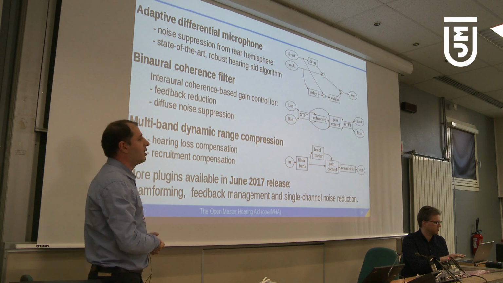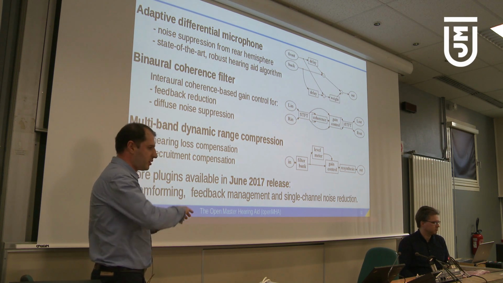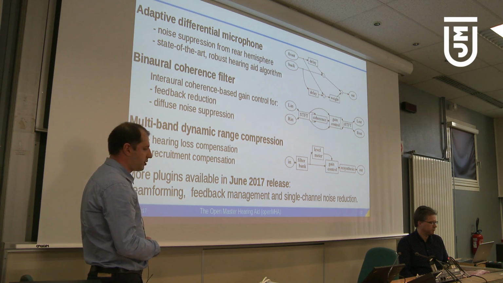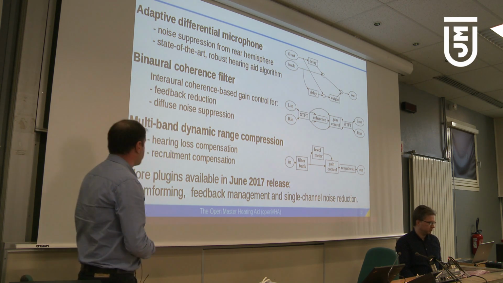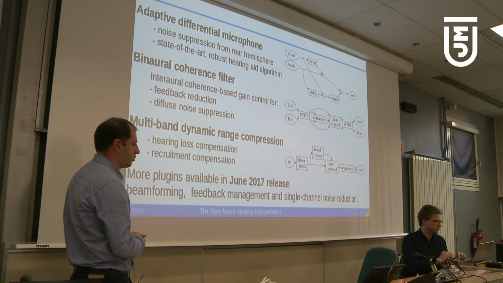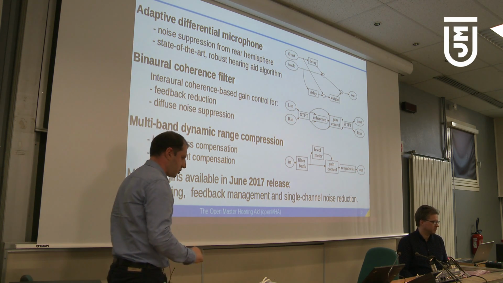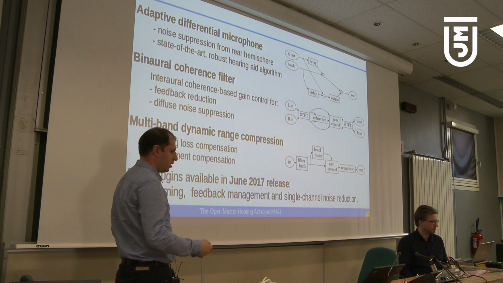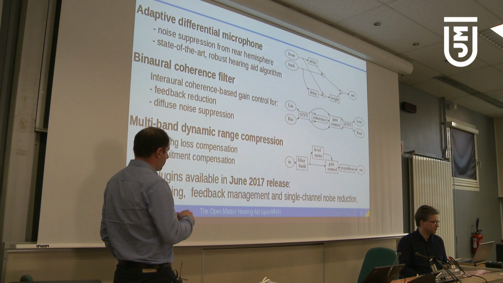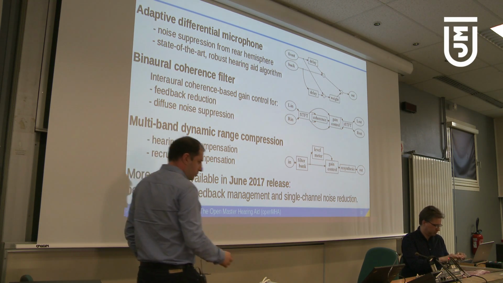One is a way to create a gain rule for hearing impaired persons, but it also addresses the recruitment problem, which usually goes along with hearing impairment. More plugins will be available in June, so stay tuned.